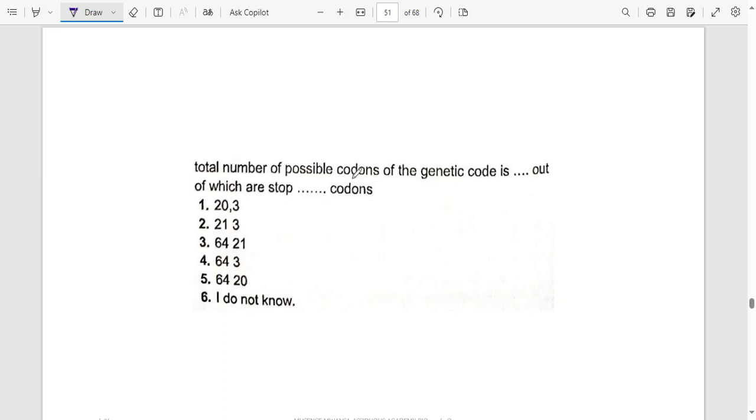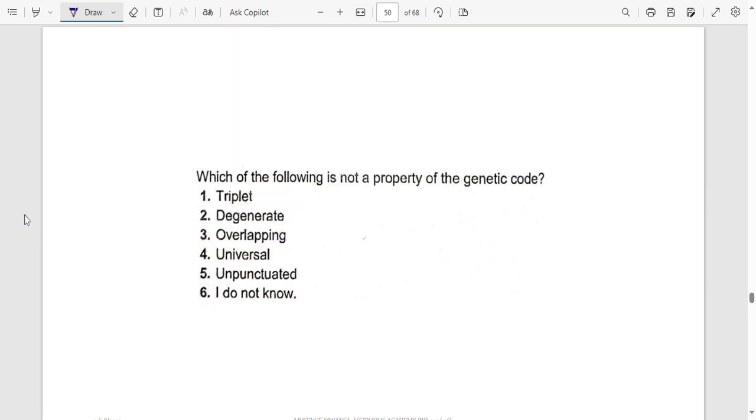Total number of possible codons of the genetic code is dash, out of which stop is dash. What will be the answer then? So it's this option. Which of the following is not a property of the genetic code?